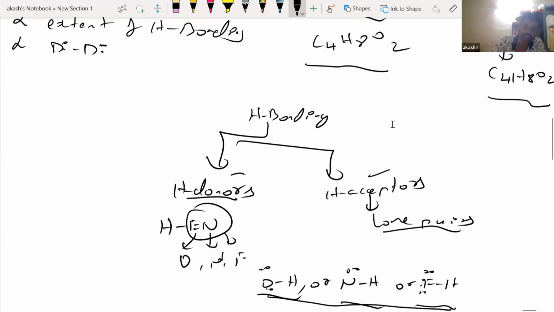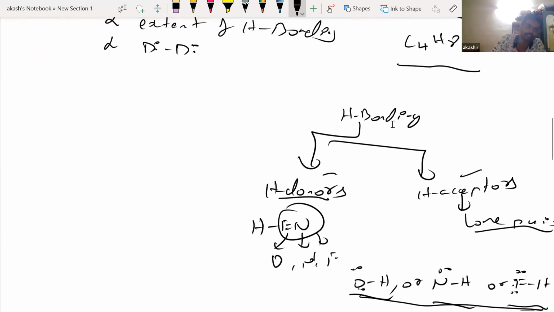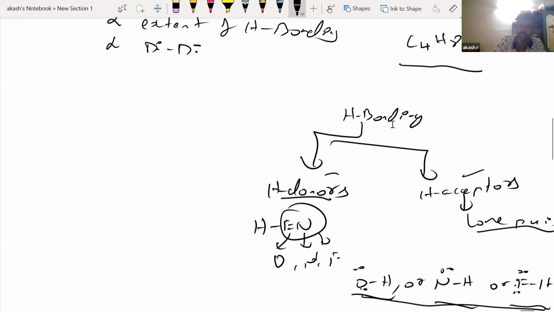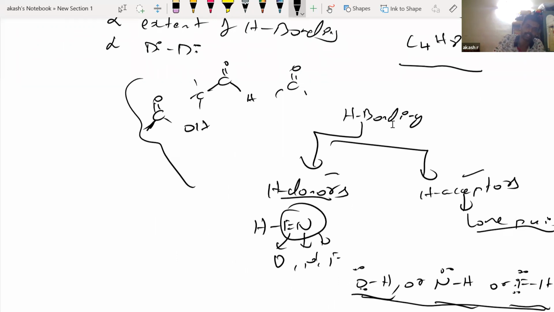So in carboxylic acids, this is the structure. The only difference between aldehyde, ketone, and carboxylic acid is the C double bond O, which is common. In an aldehyde, we write hydrogen on one side and carbon on the other. In a ketone, we write carbons on both sides. In a carboxylic acid, we have OH on one side and the other side can be either hydrogen or carbon.